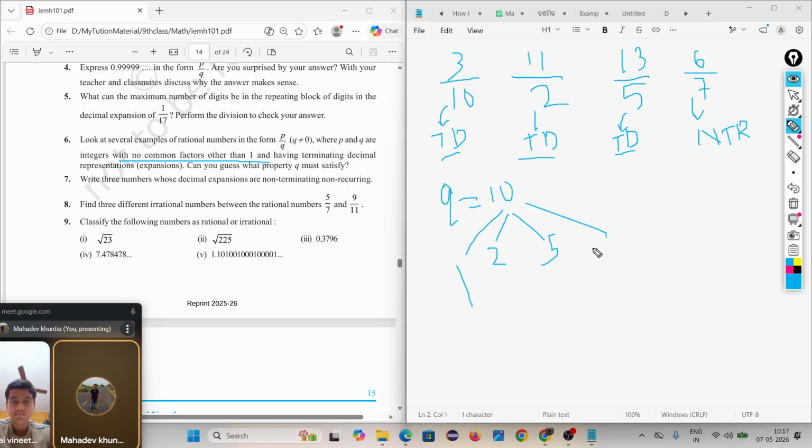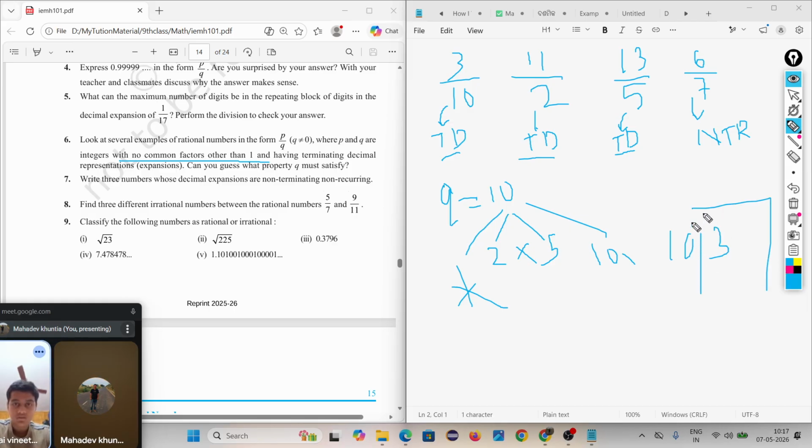Look here, 2 and 5 both are contained. So 100% here we will get a terminating decimal. Check once, 3 upon 10 is 0.3, 0, 30. It is a terminating decimal, right? Yes, sir. Okay.